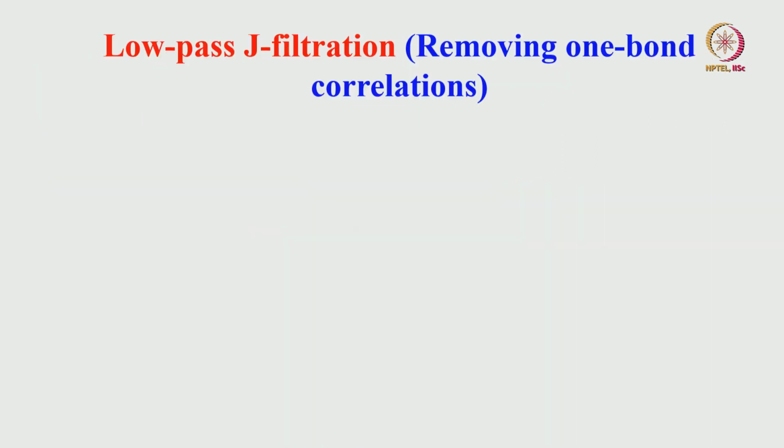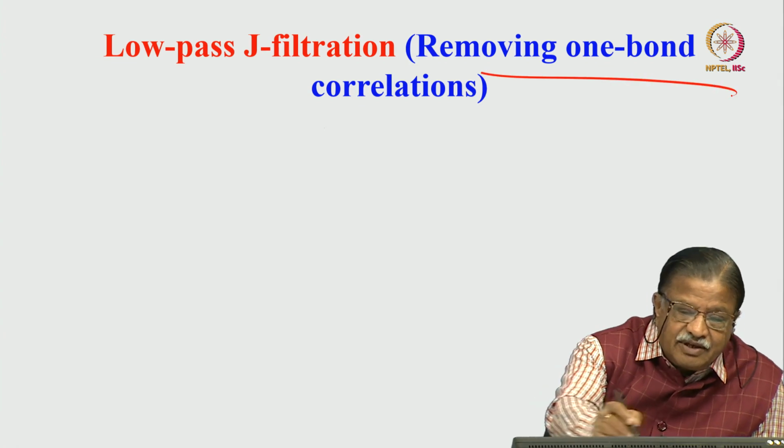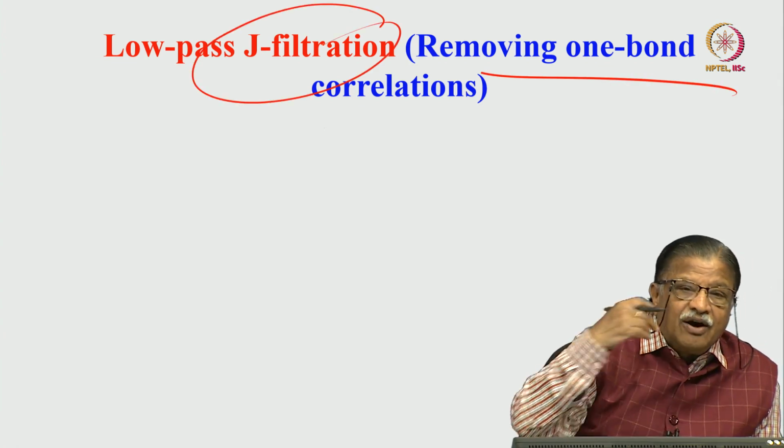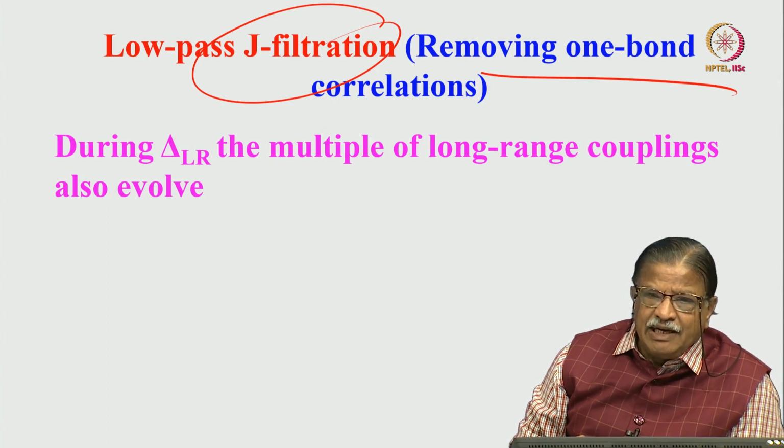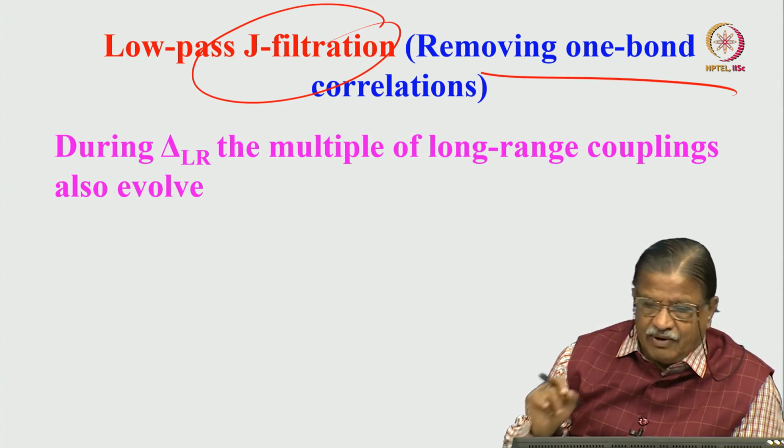And what is this low pass filter used for? The low pass filter is going to pass the magnetization corresponding to long range coupling, but prevent the evolution of the magnetization due to one bond coupling. So it removes the one bond correlation and allows only long range correlation. And during LR, this is what happens: multiples of long range couplings can also evolve.